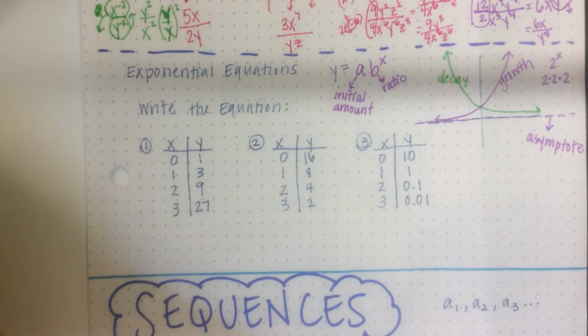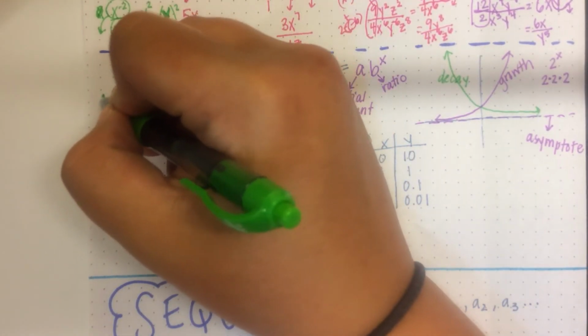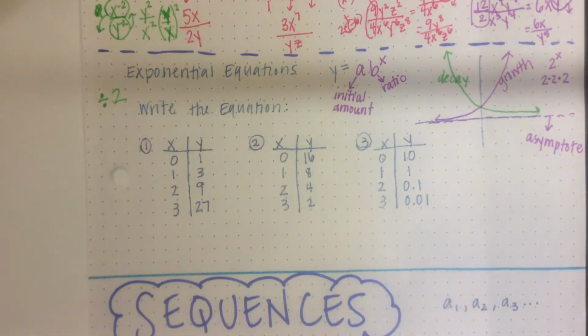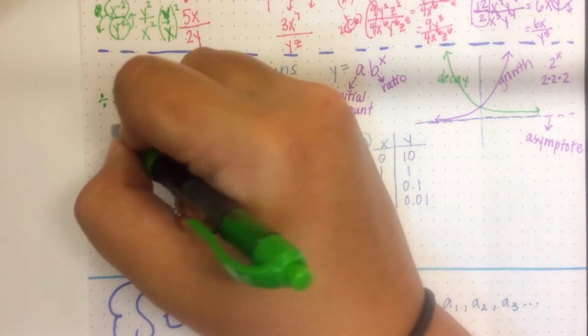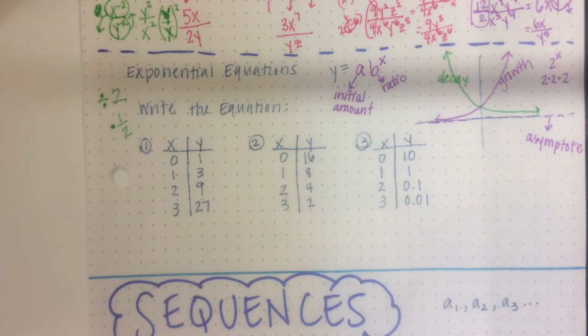And what I mean by that is, like if I wanted to divide by 2, that's the same as multiplying by 1/2. So keep that in mind. You can figure this out by figuring out what you divide by, but it's always something that you have to multiply by. All right, so there's kind of our gist of exponentials.